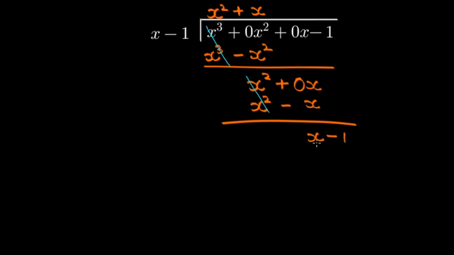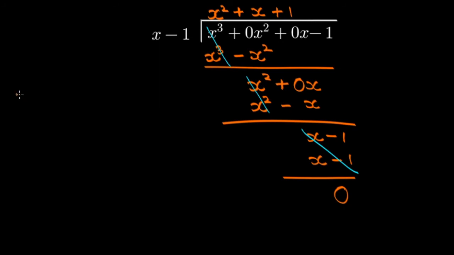So for our last repetition we have x divided by x, which is just 1, and so we do 1 multiplied by x minus 1, and as you can see for our last subtraction, these two things here are going to cancel, and we're going to have a remainder of 0.